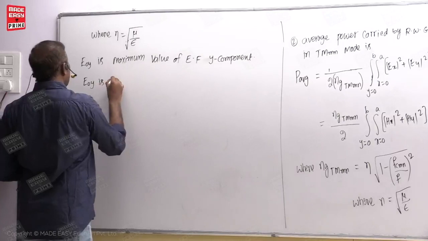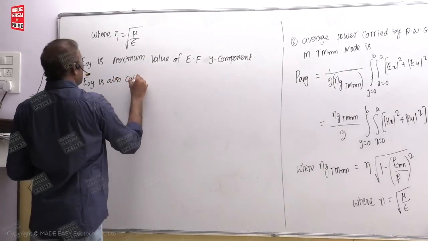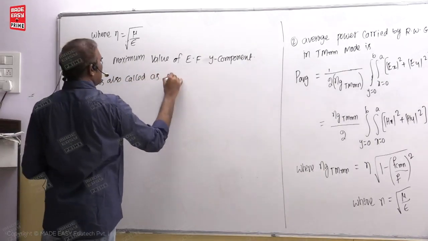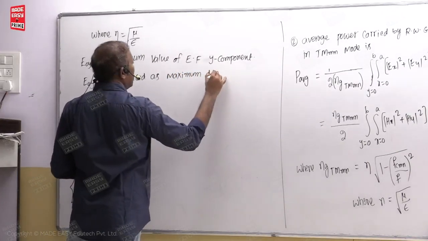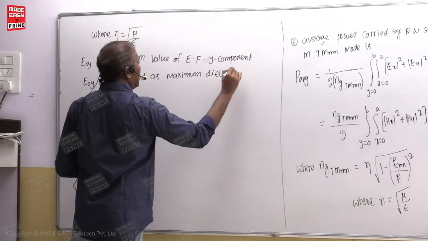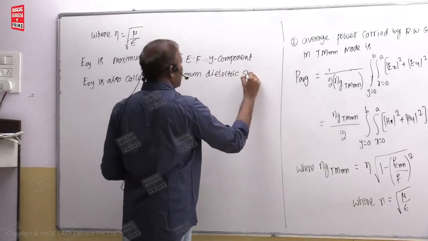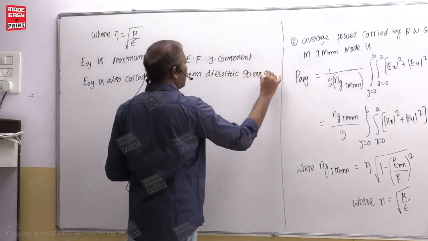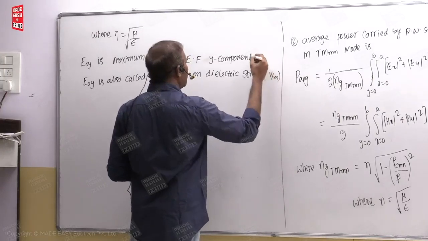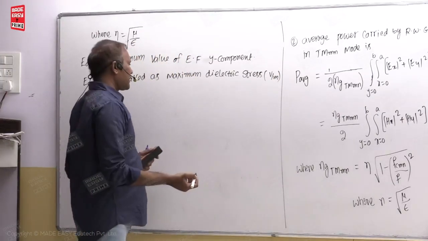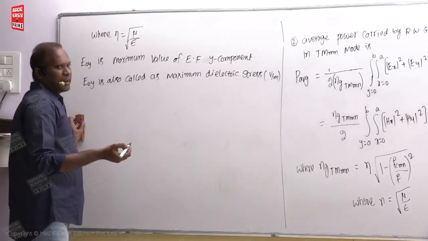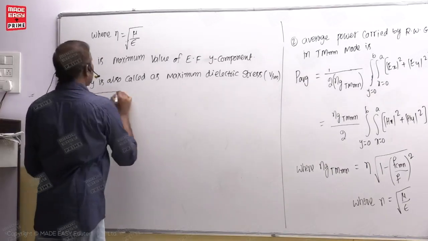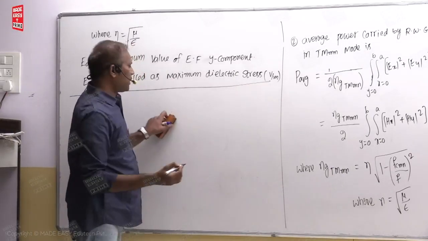E0Y is also called the maximum dielectric stress. Of course, volt per meter is the unit, that is the maximum dielectric stress. And A and B are dimensions, you know that. So this one you have to remember, students.